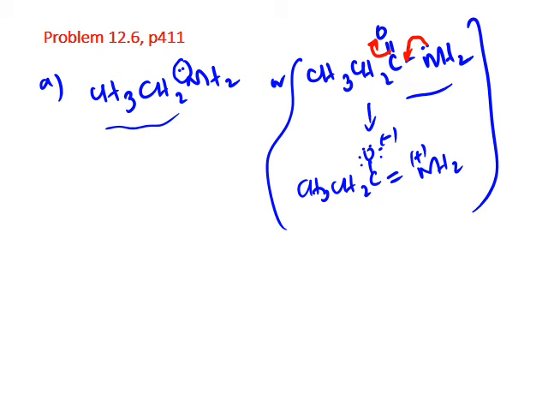Because of the resonance, the electron pair has moved from nitrogen to oxygen. In other words, the net effect of this is the pair of electrons on nitrogen is not that readily available compared to ethylamine. So ethylamine is a stronger base. I'm going to write down SB for stronger base. This is the weaker base. Now let me go over part B.